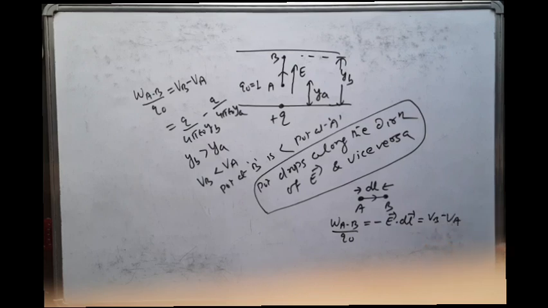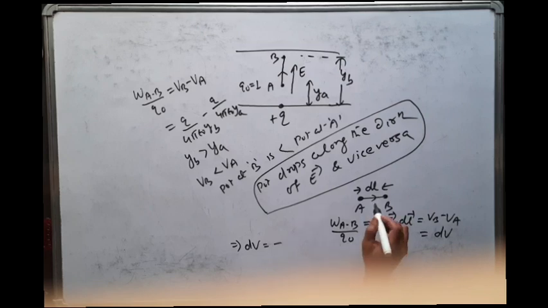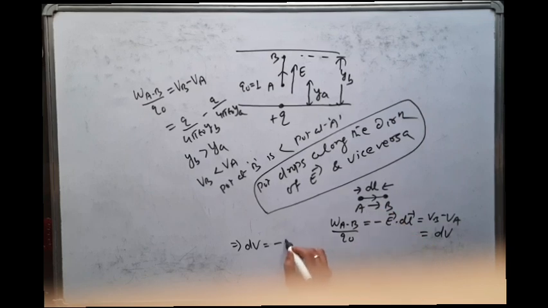This difference between VB and VA is very small because A and B are very close, so that potential difference is called dV. So we can write dV is equal to minus E dot dl. Let the electric field direction be this and the dl direction be this, so E dot dl is equal to E dl cos 0.